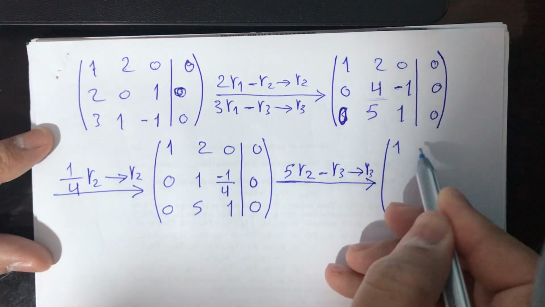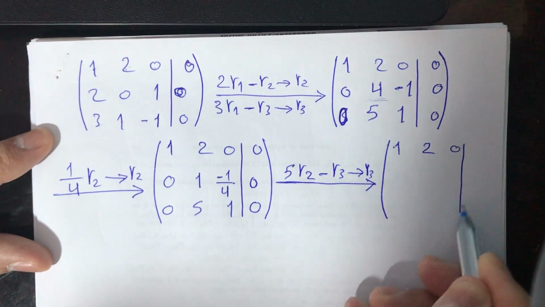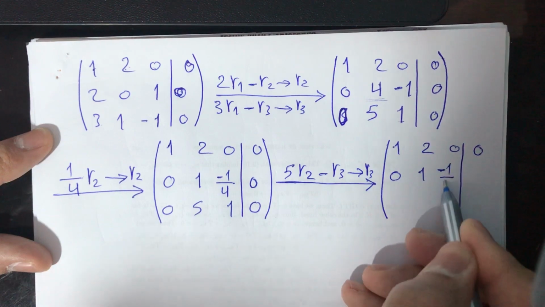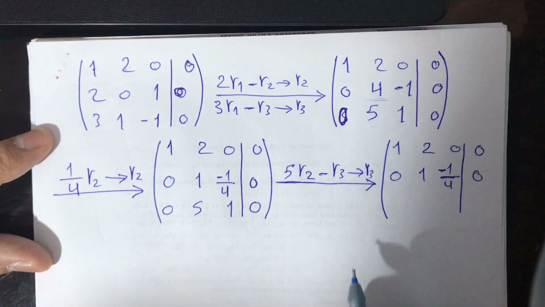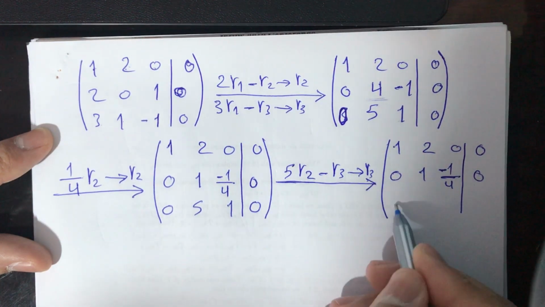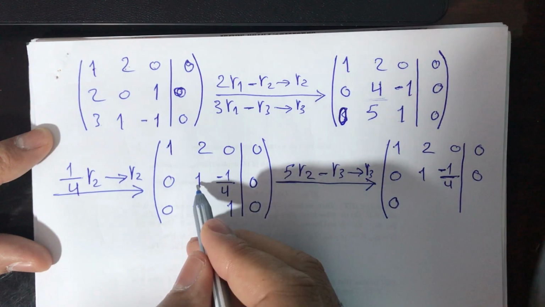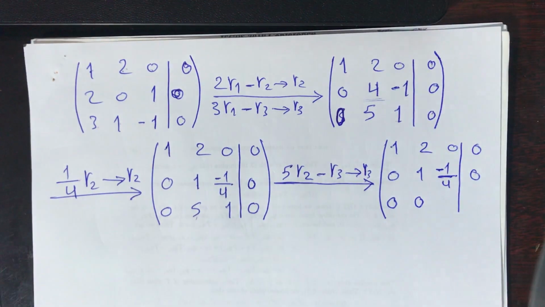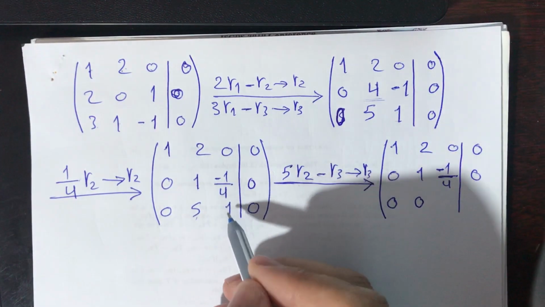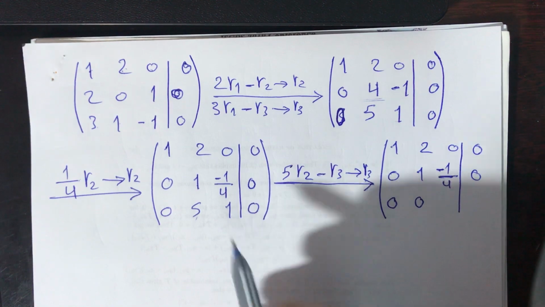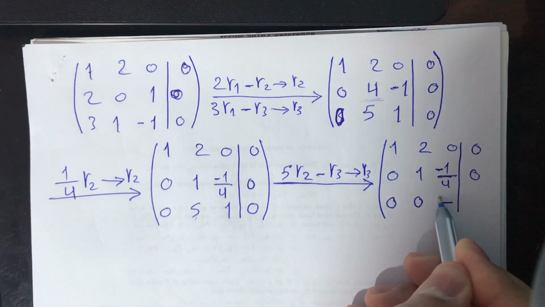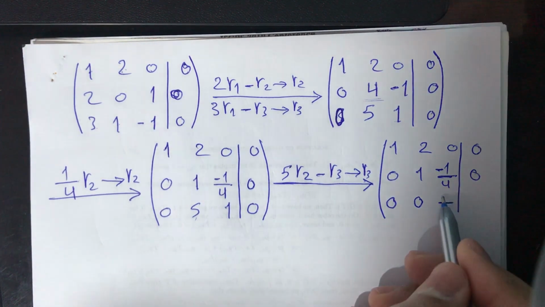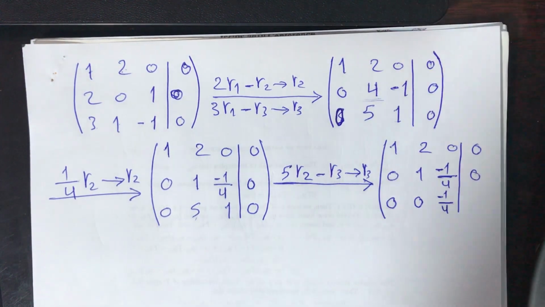So this is 1 2 0, and here 0, and here 0 1 minus 1 4 0. Here will be 0 minus 0 is 0, and 5 minus 5 will be 0, and here minus 5 over 4 minus 1 will be minus 1 4.